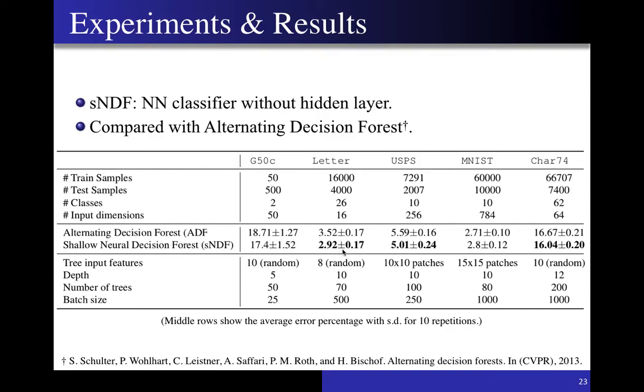This value is the average error, and this is the standard deviation for 10 repetitions of the same experiment. So it's a better result than the alternating decision forest.